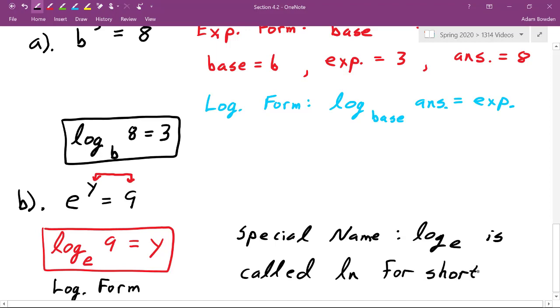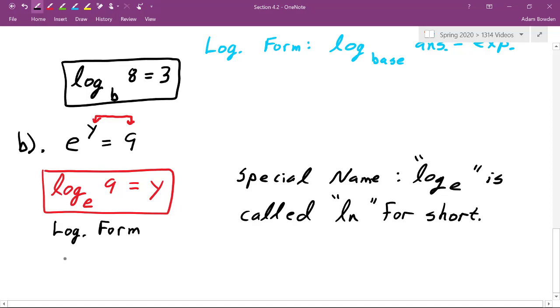Soon we'll start talking about this ln, which stands for log base e. So another way we could write this is ln 9 equals y. That's another way of writing it with the special name for log base e.